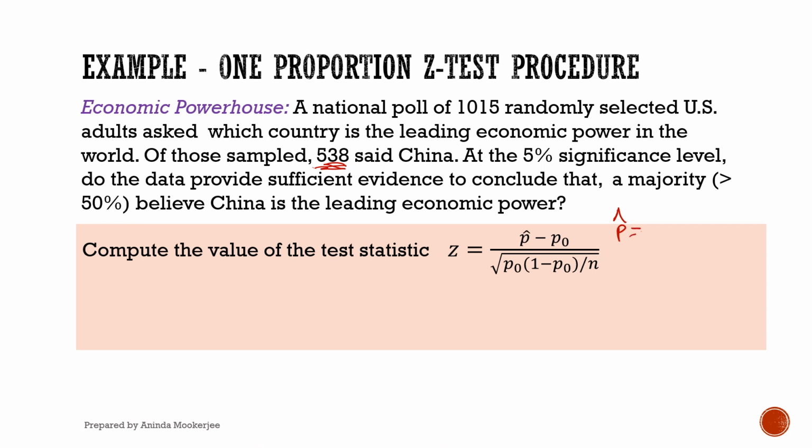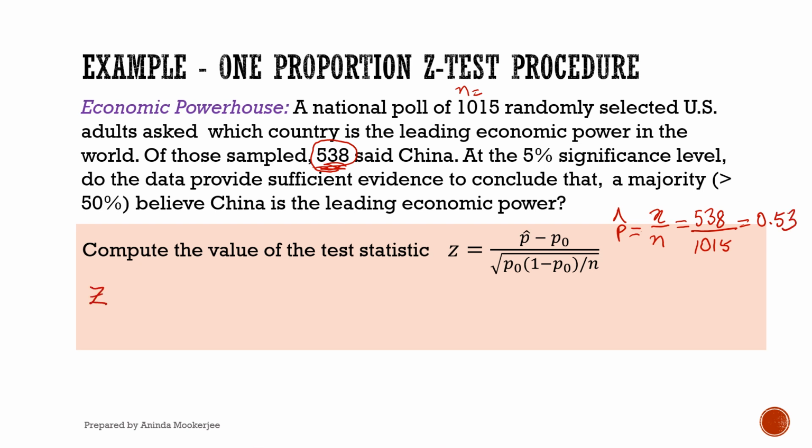P hat equals x divided by n. X represents the number of respondents that said China was the super economic power, that's 538, and n is the total number of people who were polled, that's 1015, and that gives us a value of 0.53. So that's our p hat.